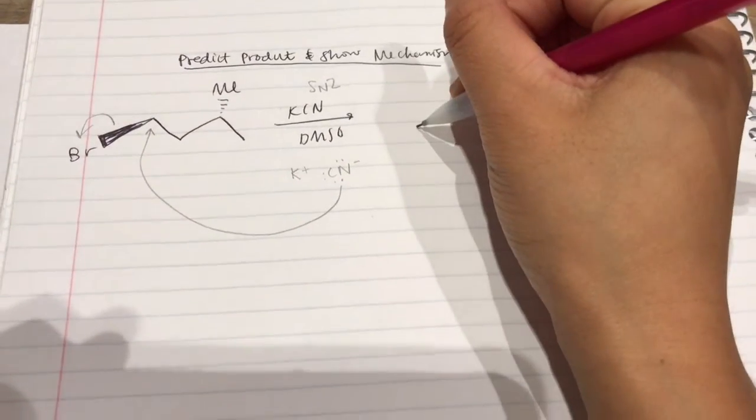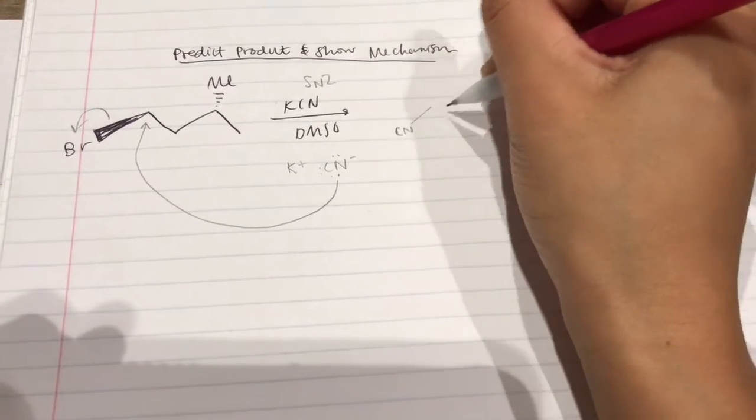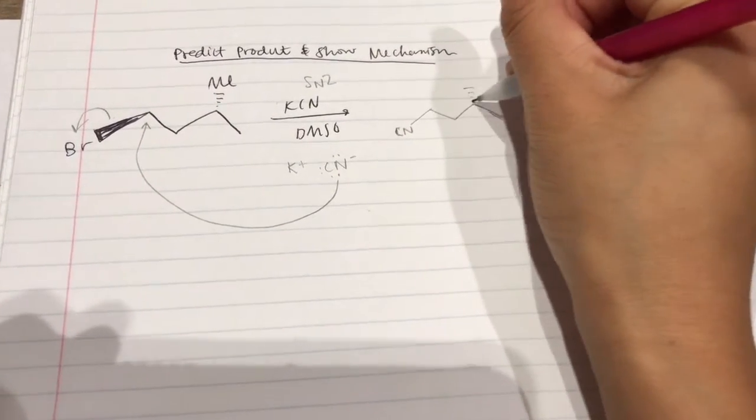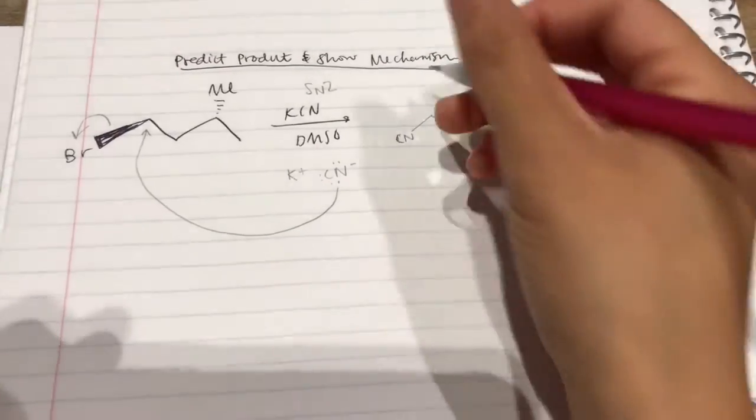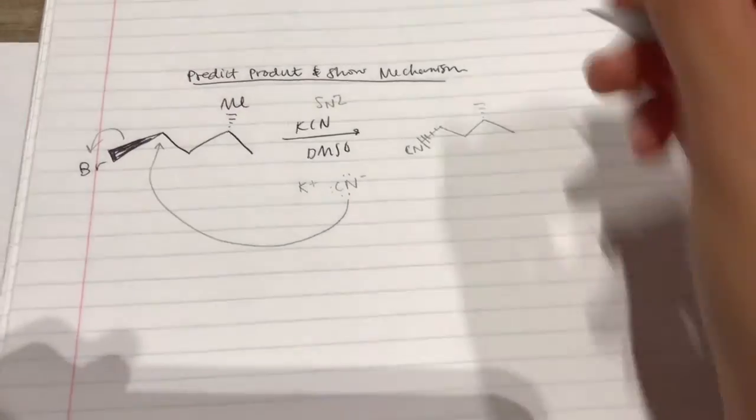So the product will look like this. And of course, with SN2, we have the inversion of stereochemistry. So there's your product.